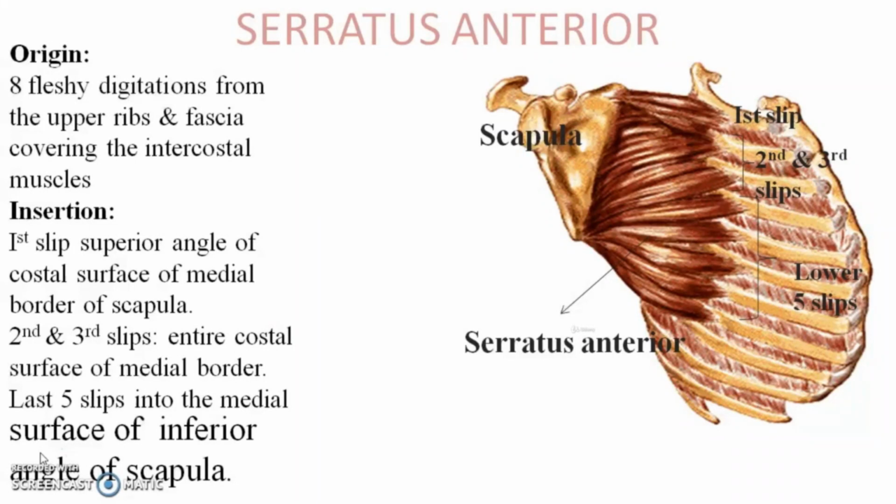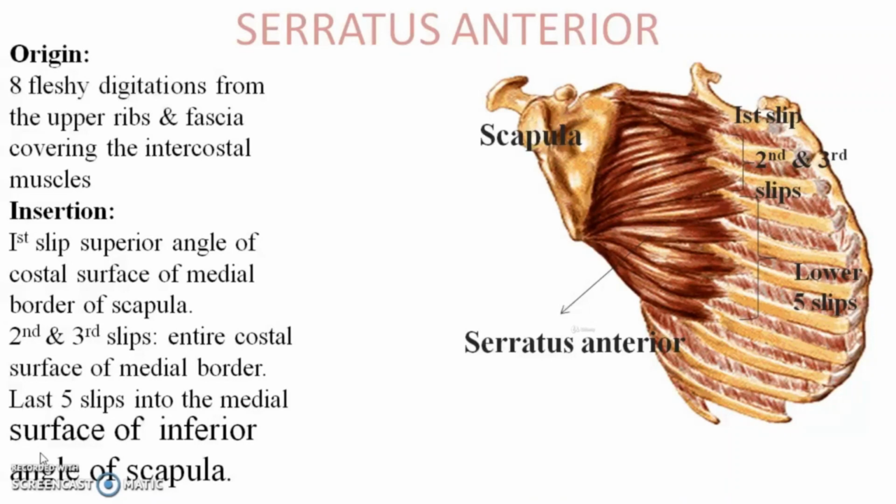The first part has only the first digitation, the second part has the second and third digitations, and the remaining 5 slips are seen in the third part. The first slip goes to the superior angle, the second part goes to the costal surface of the medial border, and the last 5 slips go to the inferior angle of the scapula.